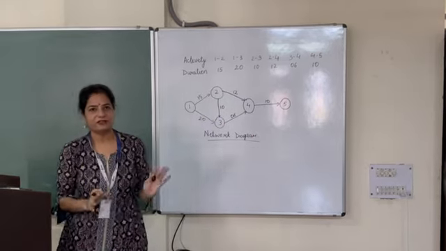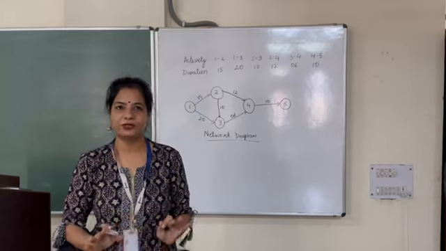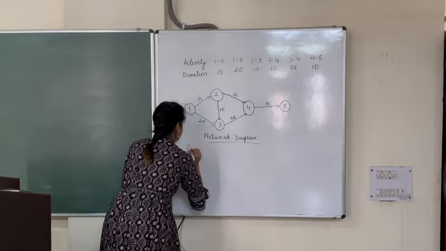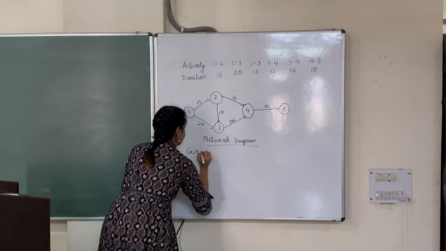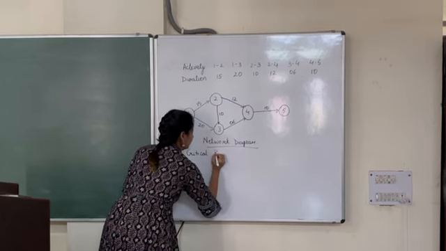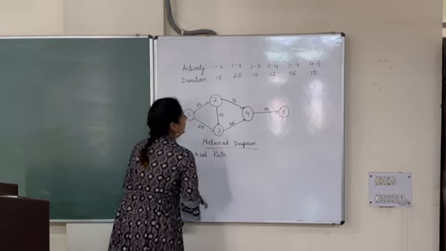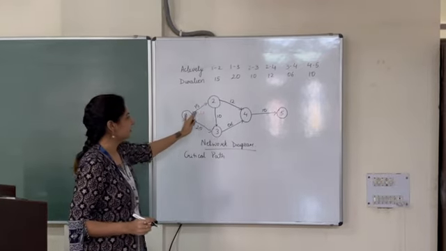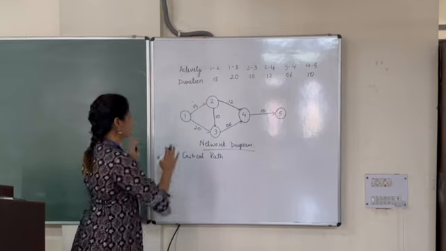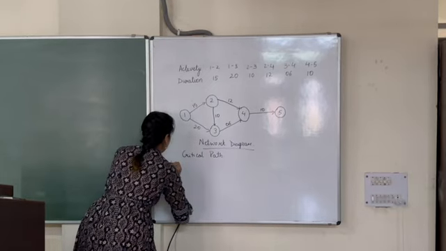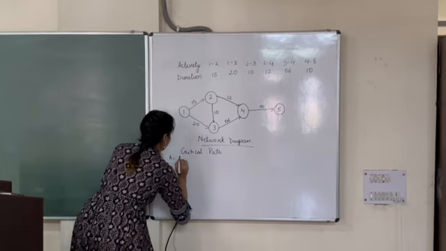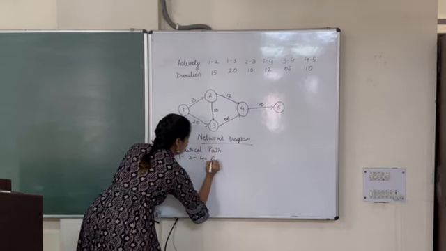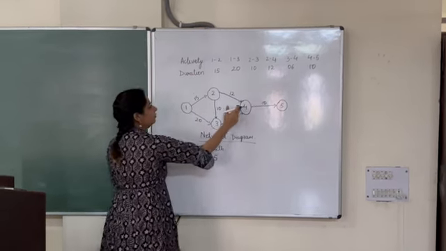We have completed the first part, drawing the network diagram. Now we will calculate the critical path. Under the critical path, we calculate the number of paths in this network diagram. The first path is A: 1, 2, 4, 5.